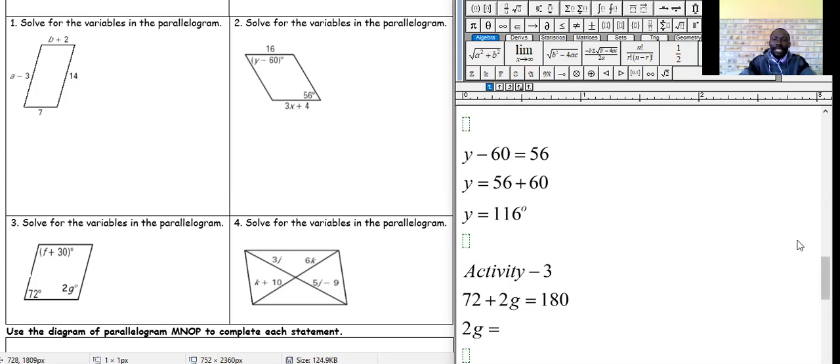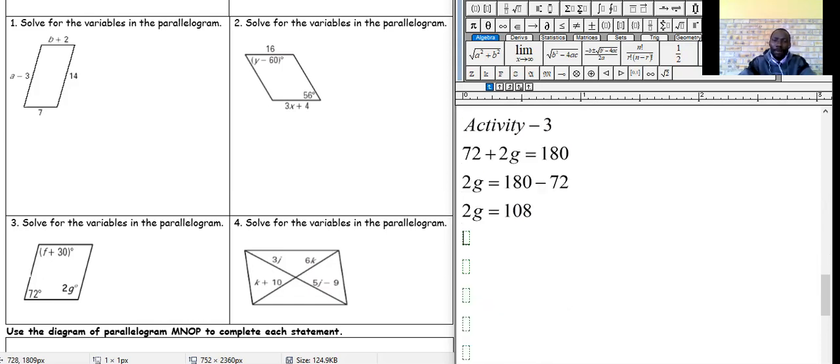When we transfer 72 from the left-hand side to the right-hand side, we get 180 minus 72. That way, 2G is now going to be equal to 180 minus 72, which gives us the value of 108.